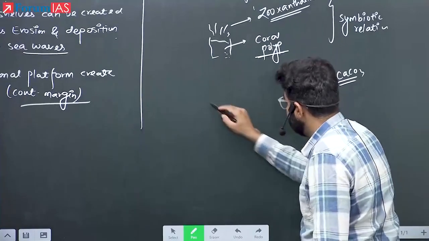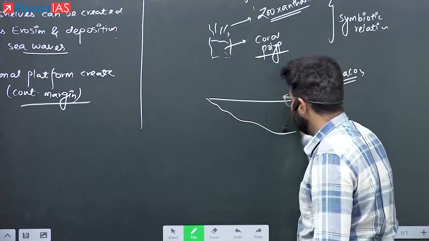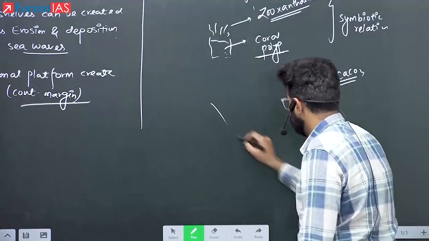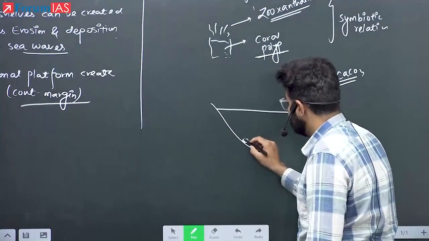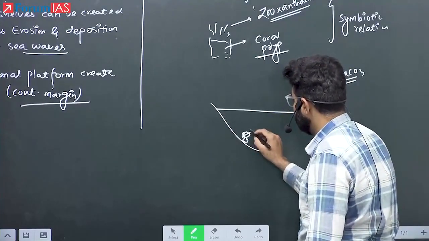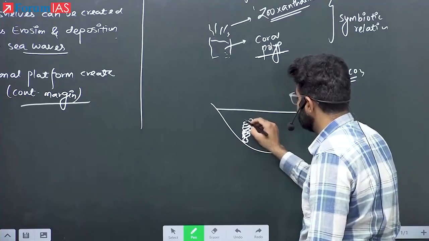See here, for example, here we do have the area and this is oceanic water. Now here there is the chance that they may continuously make their corals and they will be deposited because of their death.